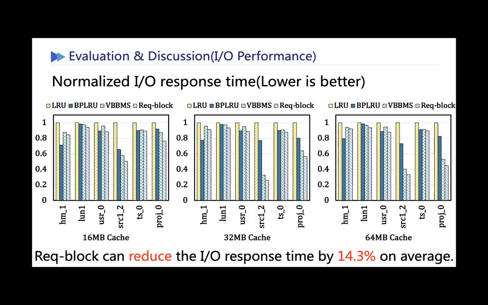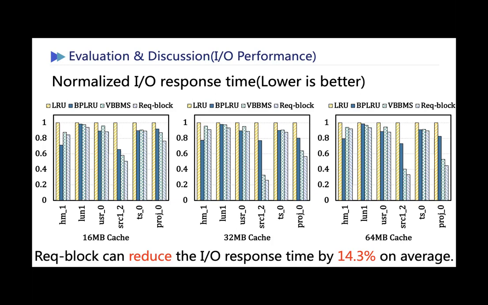VBBMS and IEQ block result in better I/O performance with the selected I/O traces in contrast to LRU. That is because VBBMS and IEQ block perform cache eviction with a virtual block or request block granularity that contains several data pages, which exploits the multi-channels inside SSDs.